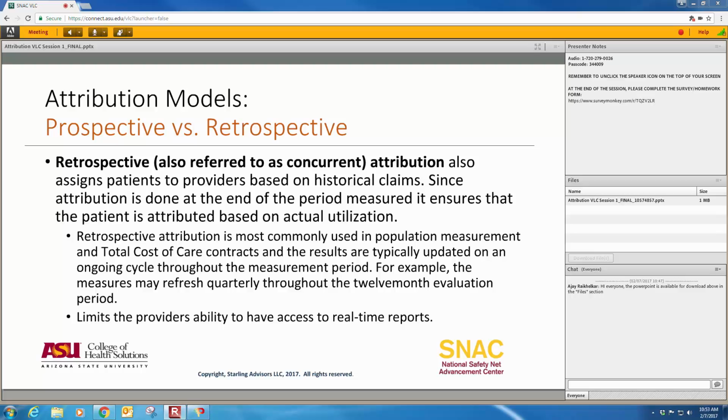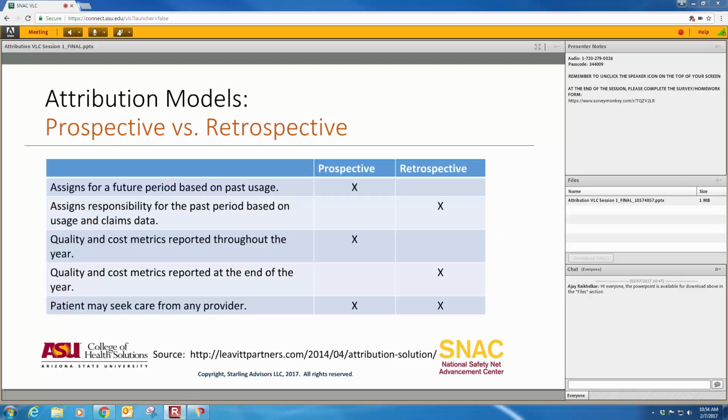For example, the measures may refresh quarterly and demonstrate a different set of underlying patients within that model. It limits the provider's ability to have access to real-time reports. It's also quite a bit more challenging to manage from time to time, but it is considered more fair in that it's based on the actual patients that ultimately did come in and were seen.